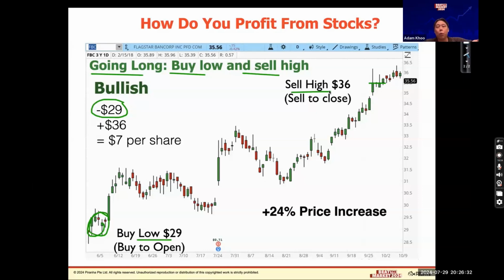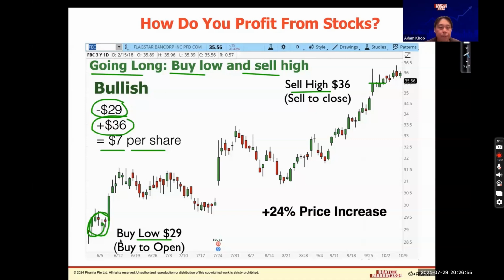So when you sell, what happens? Money comes back. So it's a credit. So when you sell, you get a $36 credit. So what's minus 29 plus 36? Your profit is $7 per share. So you basically buy to open the position and then sell to close the position. So this one, I think everyone understands.